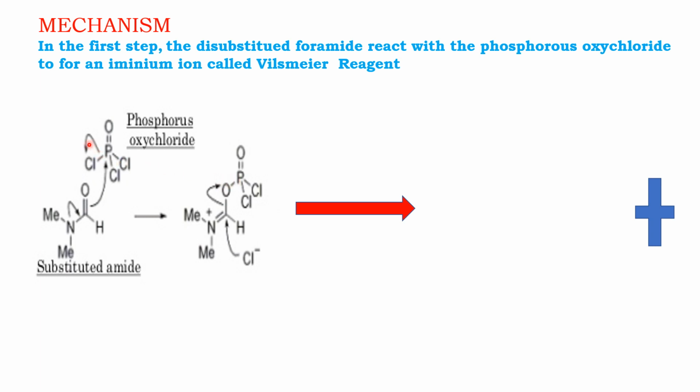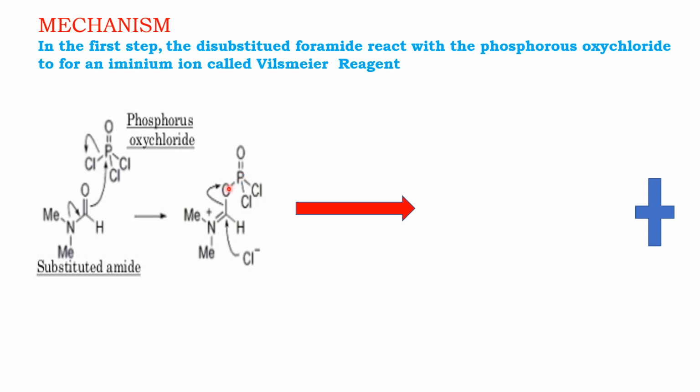Now the released Cl minus will come and attack this carbon atom. Draw it: the released Cl minus ion comes and attacks the carbon atom having the carbon nitrogen double bond. As a result, this bond will be cleaved. Phosphorus always has a tendency to form P double bond O bonds.